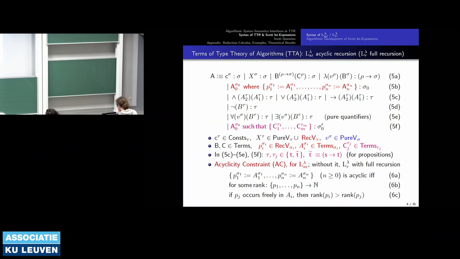So this is not if-then, it's different. I don't say if this is true, then A0. This is a restriction. And it was needed, I added it there, for the partial functions.